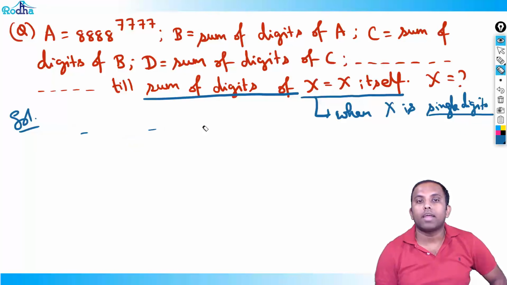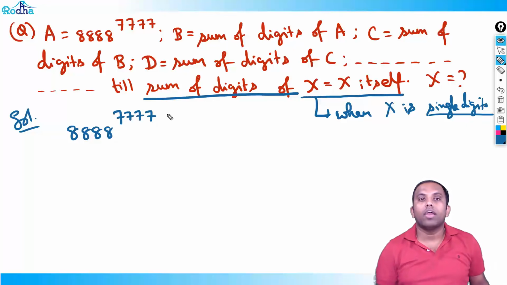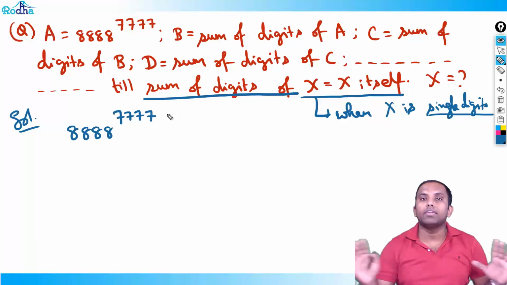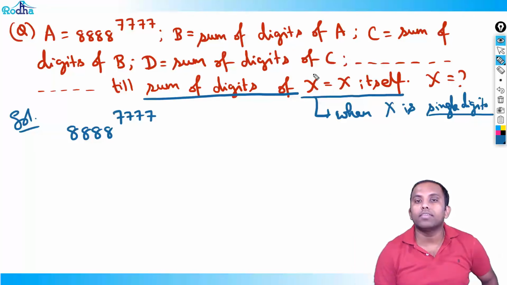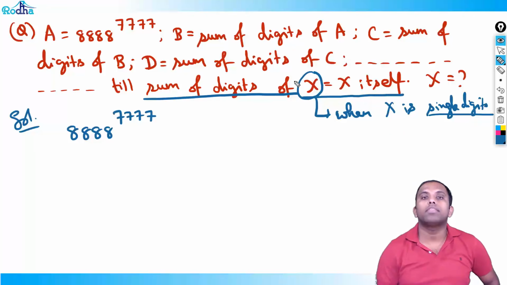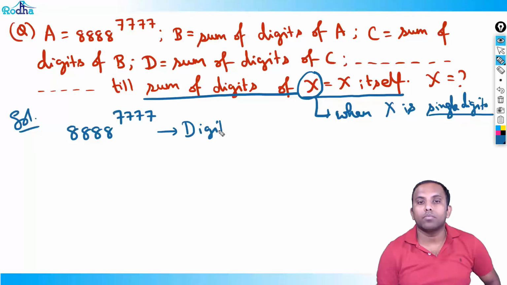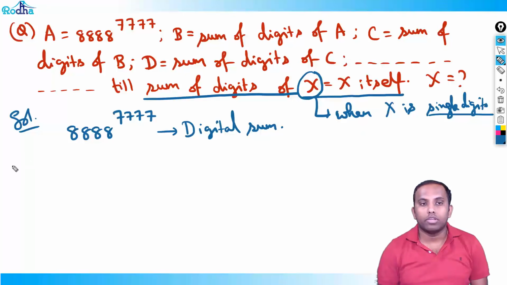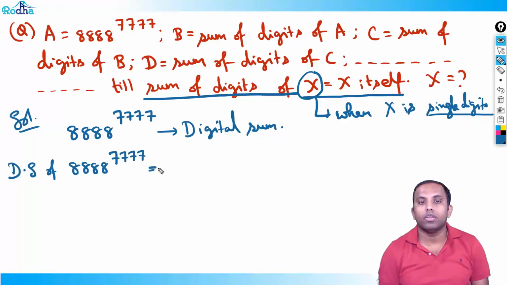That means 8888 raised to 7777 was a huge number, and we kept adding the digits to get a single digit X. That basically means we have to calculate the digital sum of this number. So the digital sum of 8888 raised to 7777 is equal to what?